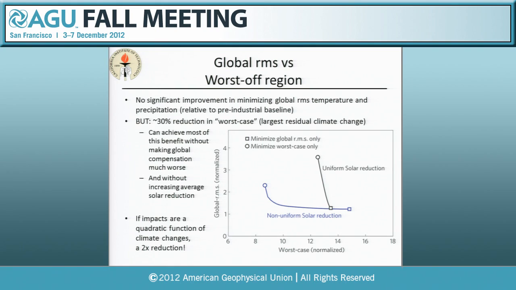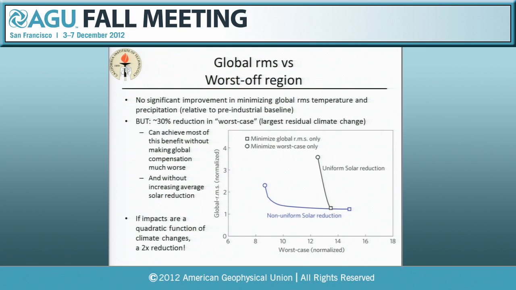Here's one trade-off you can look at. One obvious thing to look at is the root mean square deviation in temperature and precipitation over the entire globe. That's this axis. And you can think of this axis here as being my regional inequality. This is how bad is the worst place on the entire planet.